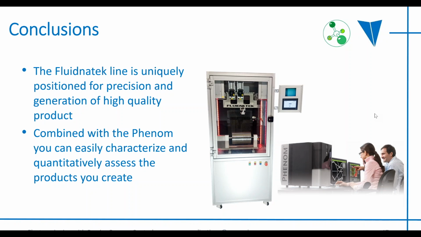So that's really great. And then coupled with the Phenom, it's a great R&D tool for optimizing process parameters for the Fluid-in-the-Tech line, and generating really great images very quickly of the nanofiber membranes, I think.